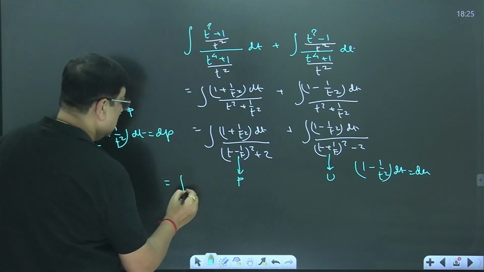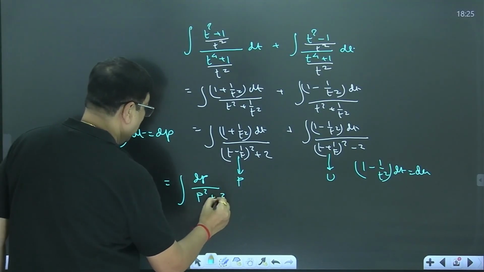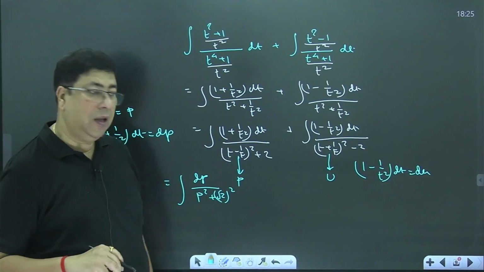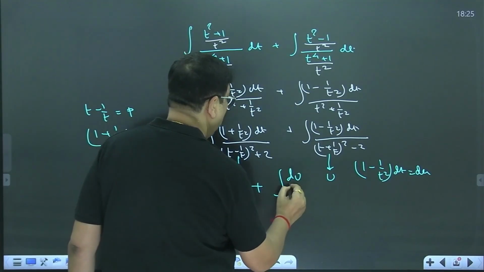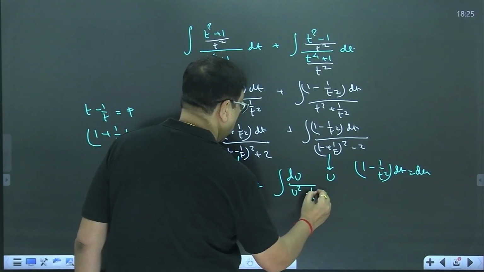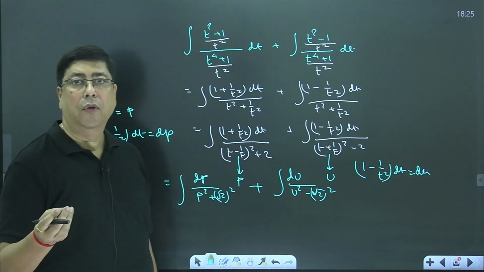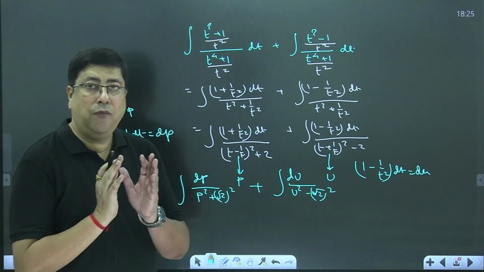Now what will we do? In this case, dP by (P square plus root 2 square), that is 1 by a tan inverse of x by a formula, plus in this case dU by (U square minus root 2 square), that is 1 by 2a log of (x minus a) by (x plus a) formula. You have to keep the formulas, everybody.